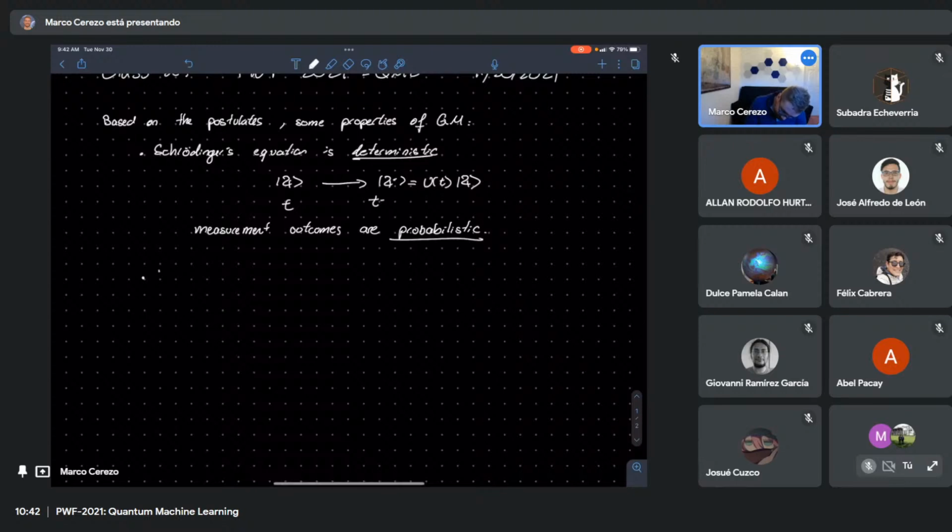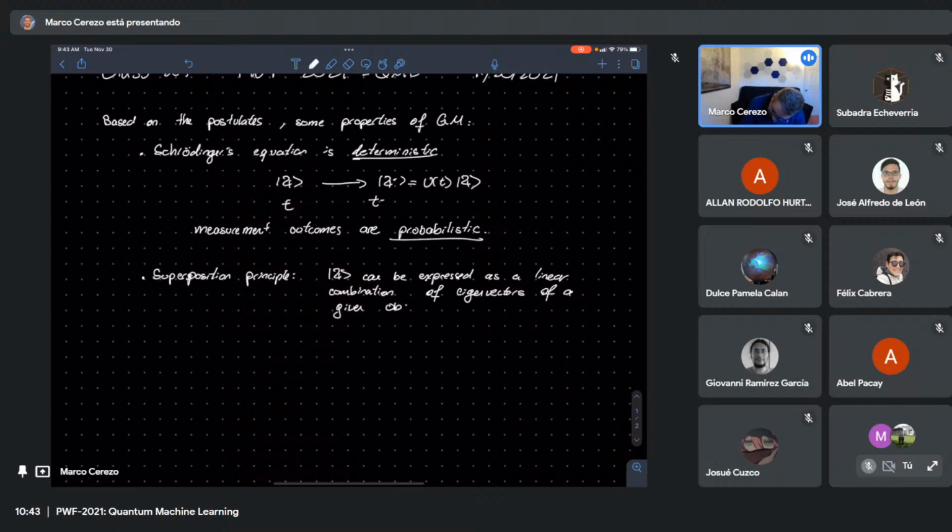Then we also have the superposition principle. Superposition tells me that the wave function can be expressed as a linear combination of the eigenvectors of a given observable.